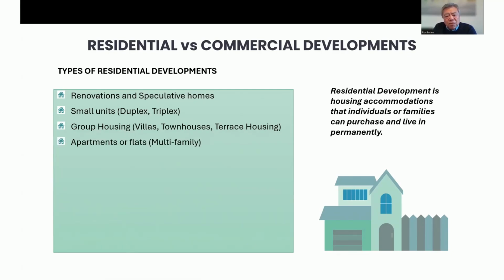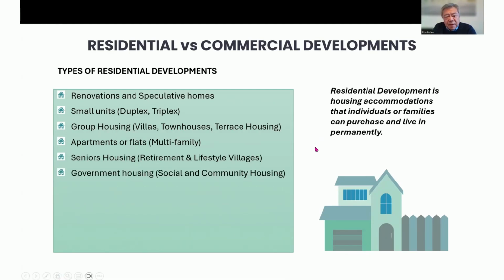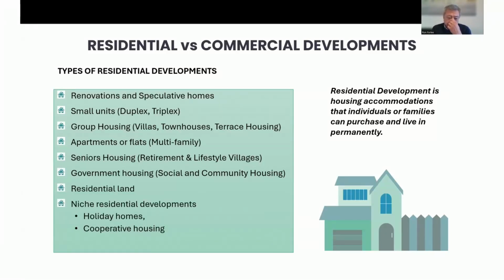Apartments or flats, right? In America, they call it multifamily. Seniors housing, a retirement and lifestyle villages. Government housing, which is social and community housing. Residential land. Then we go into niche developments, which are basically holiday homes and cooperative housing.